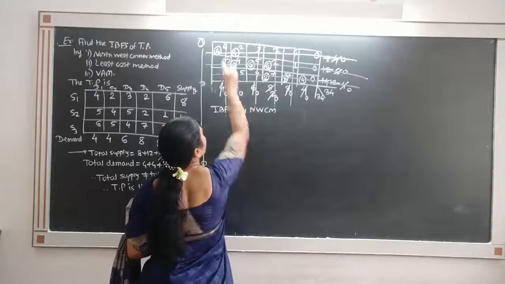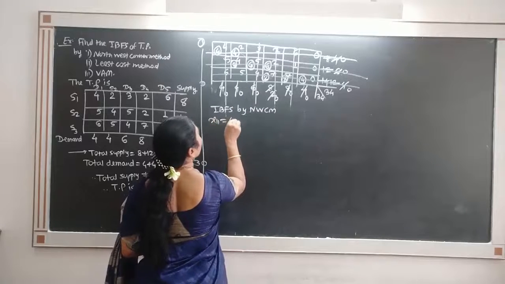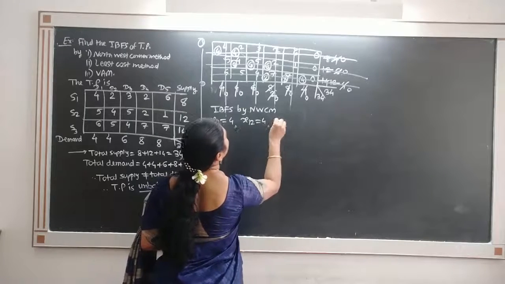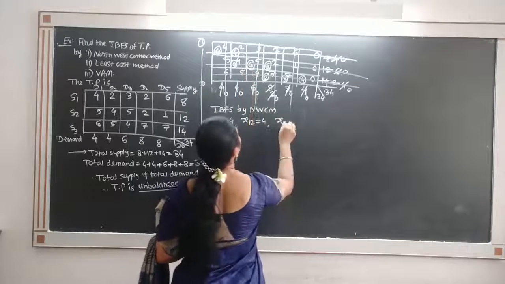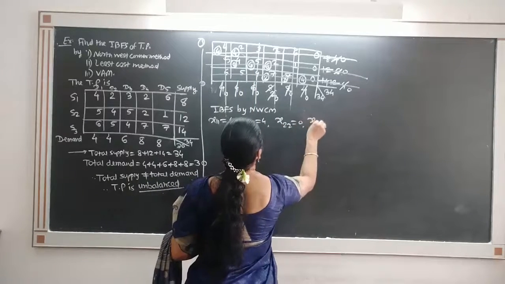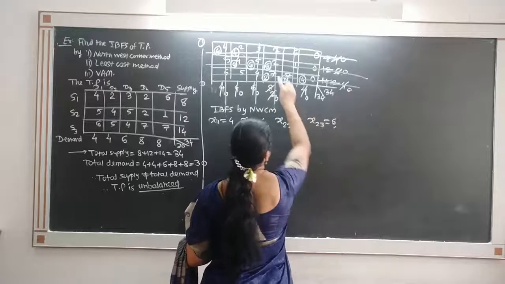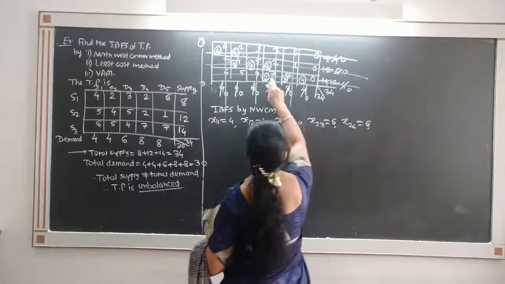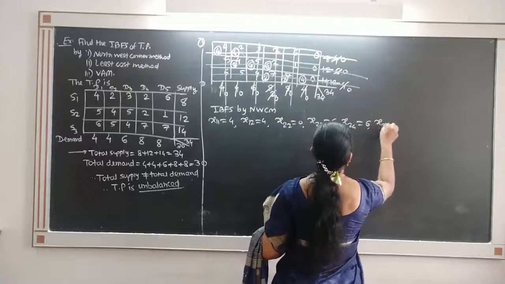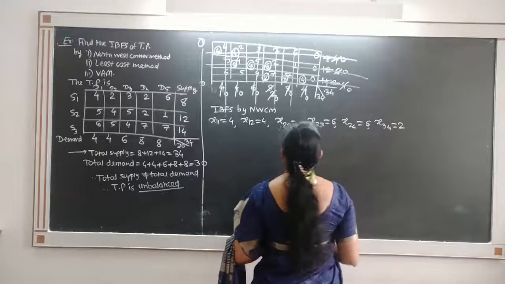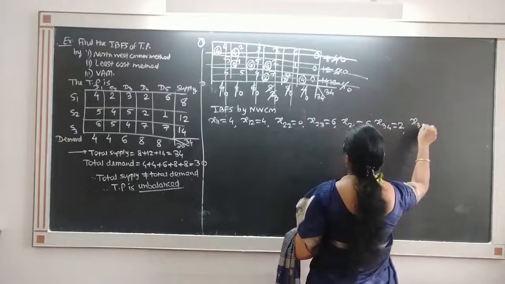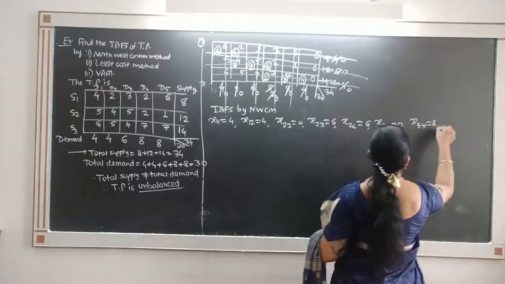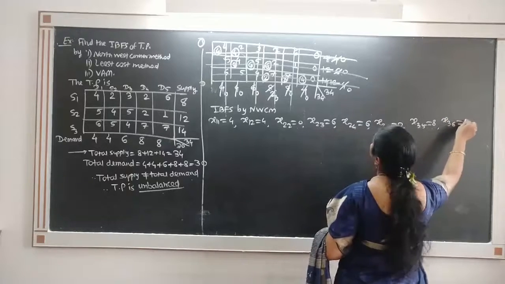So what is it? x11 is equal to 4, x12 is equal to 4, x22 is equal to 0, x23 is equal to 6, x24 is equal to 6, x34 is equal to 2, x35 is equal to 8, and x36 is equal to 4.